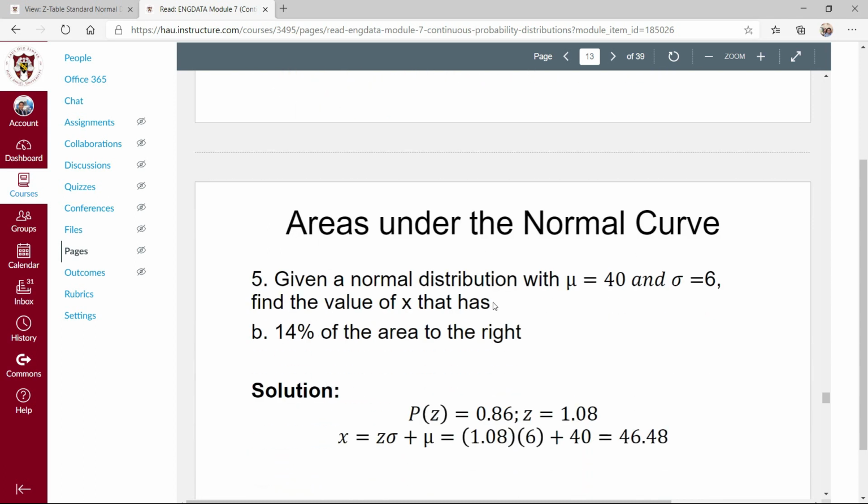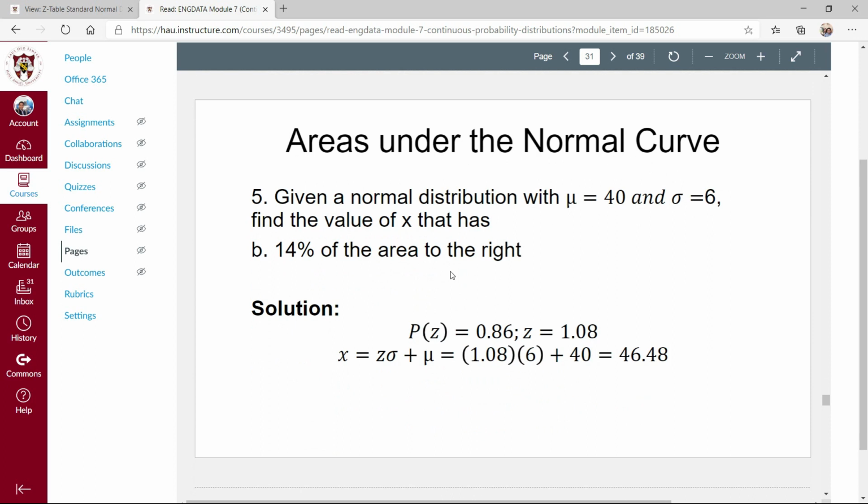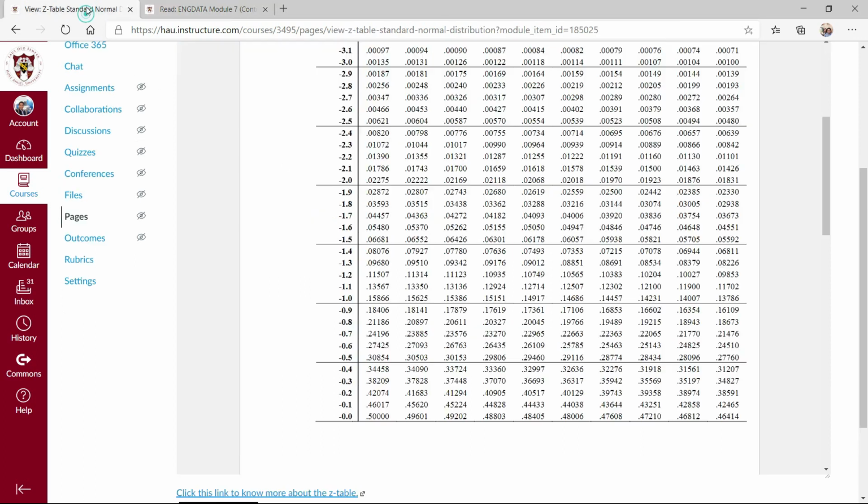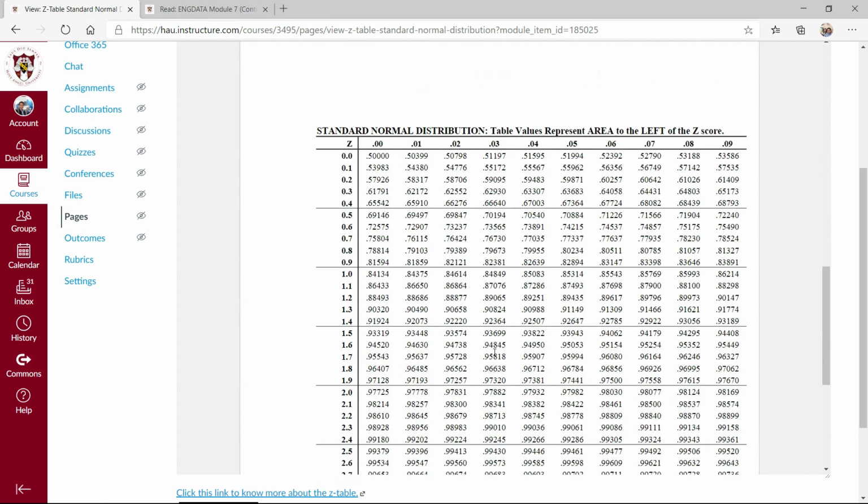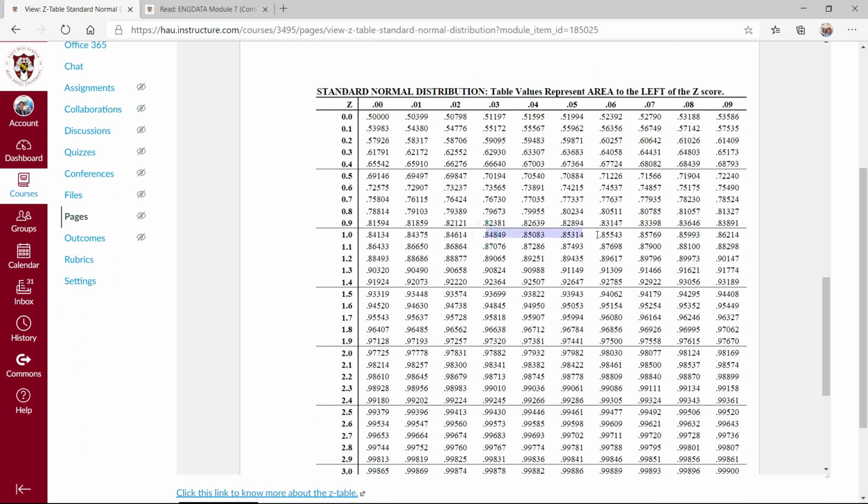Okay, now moving forward, same problem, solving for x that has 14% of the area to the right. It means to the right, so you'll need 1 minus 14%. So you'll arrive to an answer of 0.86, and you'll need the table to analyze 0.86.